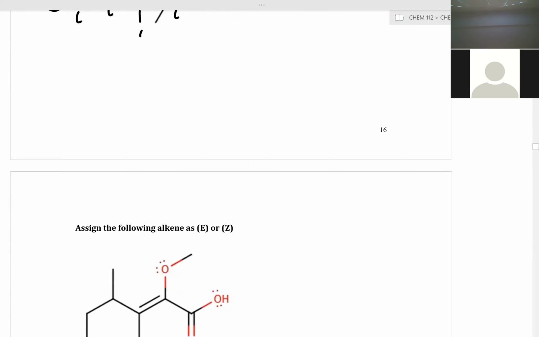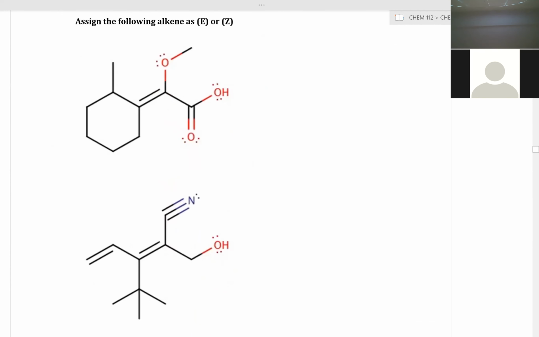Perfect. Okay, so let's take a look at the following 2 alkenes, A or B. I'll give you about 3 to 4 minutes to work through these examples, and I'd like you to tell me for each of these alkenes, A and B, whether they're E or Z. And don't be shy to type it in the chat.